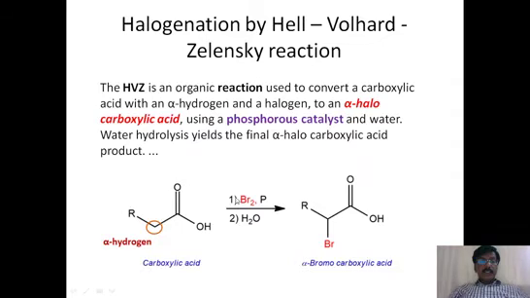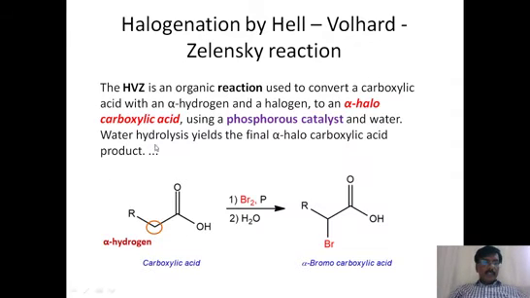What is the reagent? It is any halogen, specifically bromine, with phosphorus. This is any halogen with phosphorus as a catalyst. Here, the reaction proceeds in a simple manner where the alpha hydrogen is replaced, or halogenated, so that alpha halo carboxylic acids are produced.